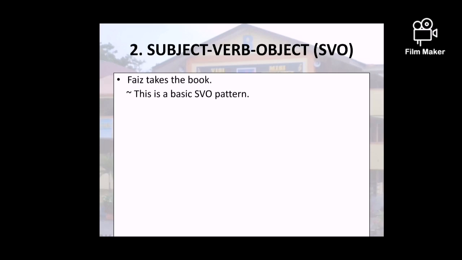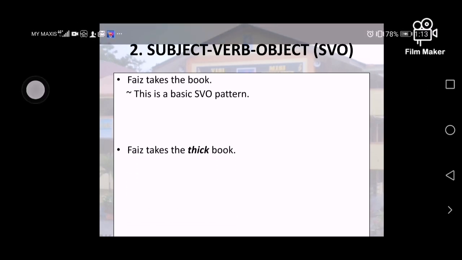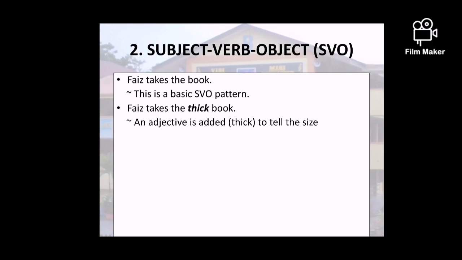Faiz is the subject, takes is the verb, the book is the object. You may add an adjective to tell the size of the book. Just like in the example, the adjective thick has been added to describe the size of the book that Faiz takes.